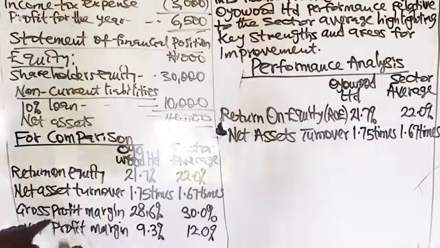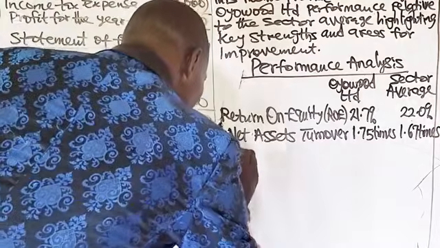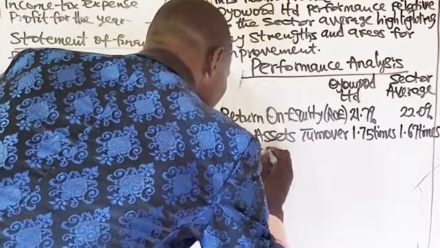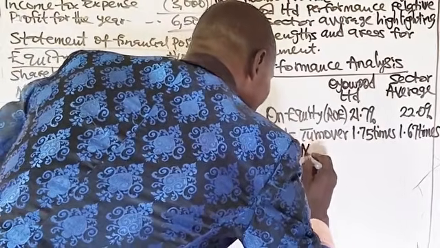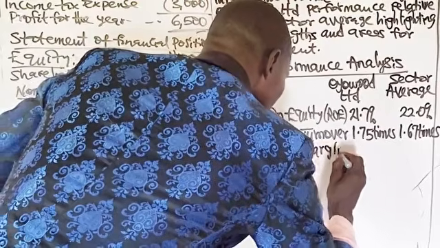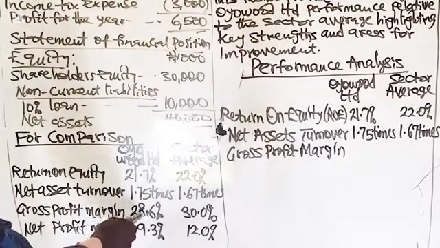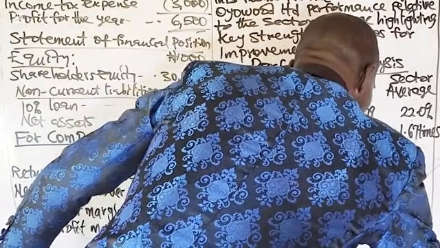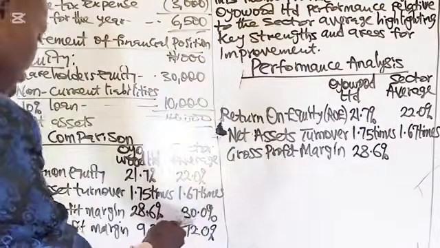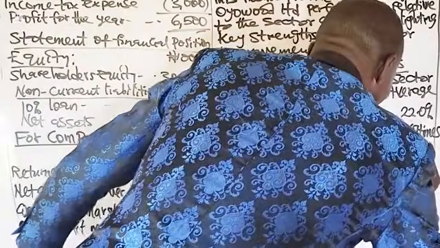Then we have gross profit margin. We have 20.6% and then we equally have 30.0% for sector average.